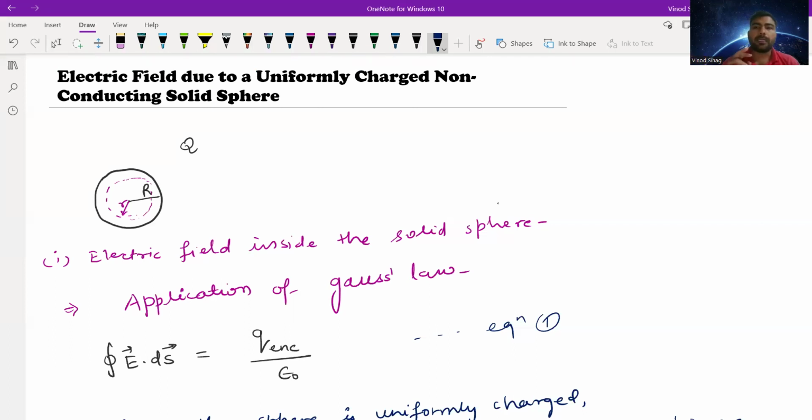The area vector of the Gaussian surface will also be along the electric field, because they both have the same direction, radially outwards, and therefore the angle between the electric field and the area vector is 0 degrees.